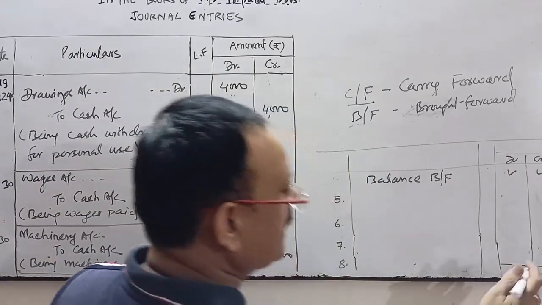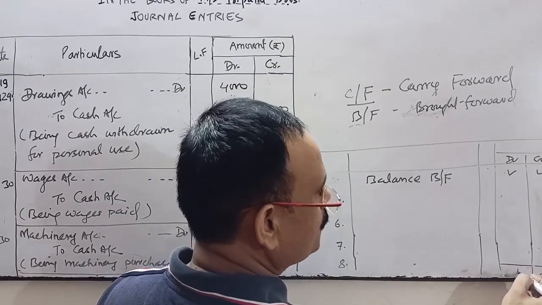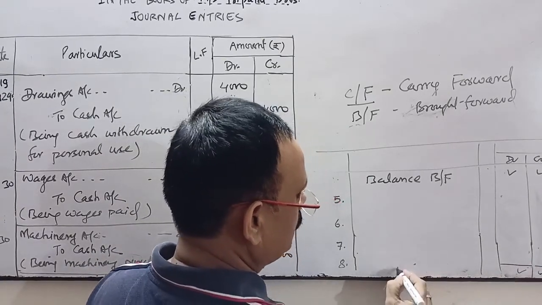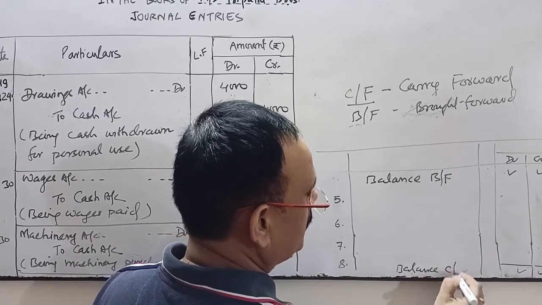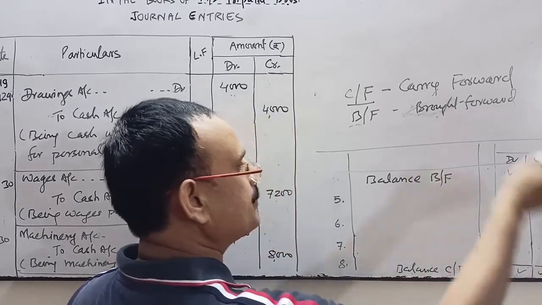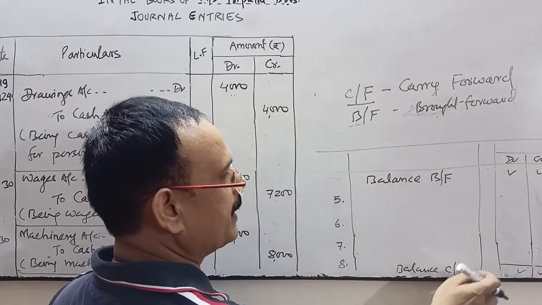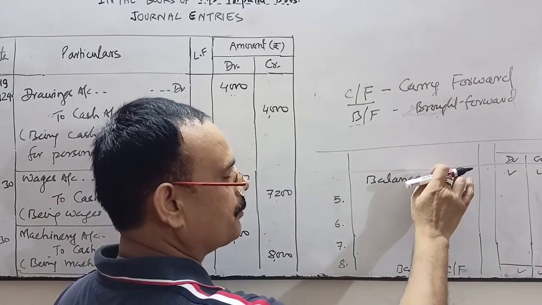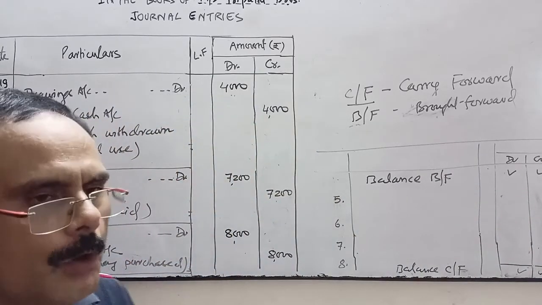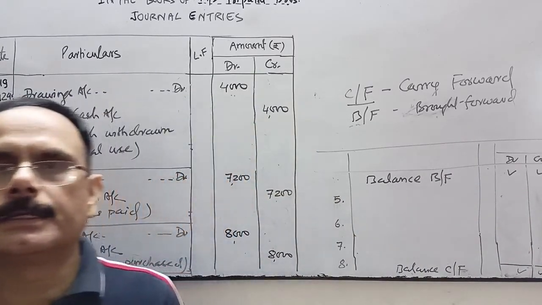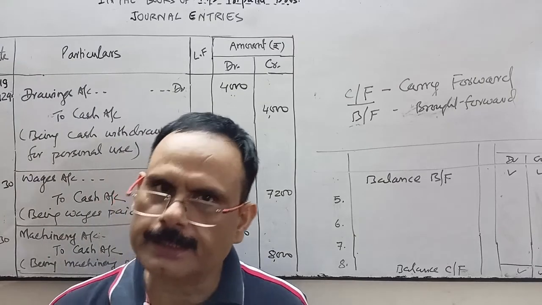Then you start the next transactions 5, 6, 7, 8 and do the same thing again. Again you do the total over here, then you write balance carry forward, and in the next page again you start with balance brought forward. This will go on continuously till the end of the financial year.